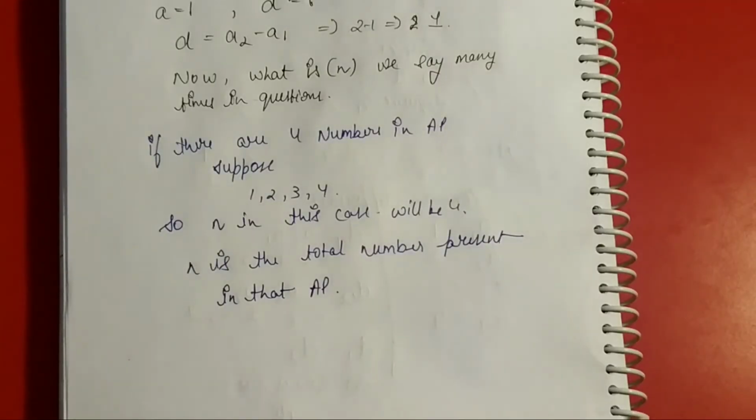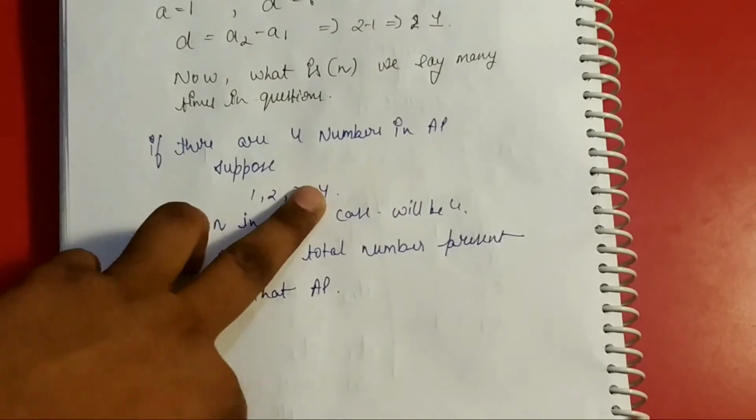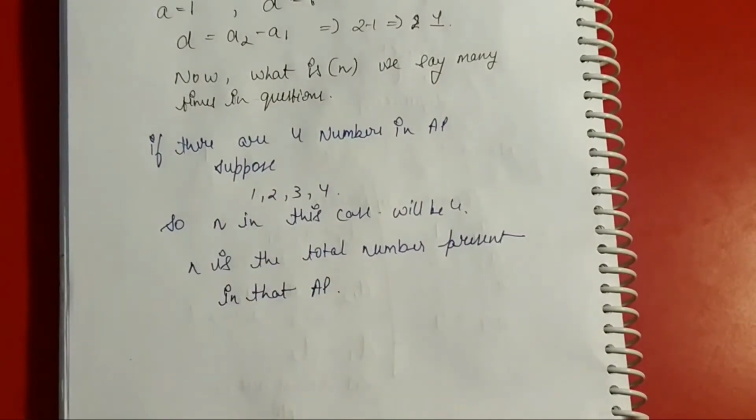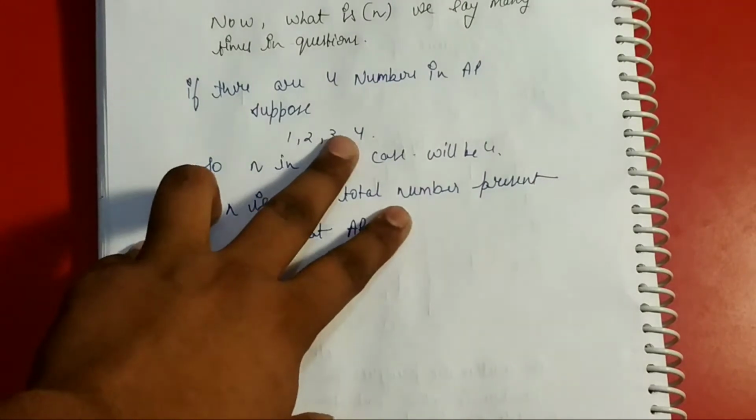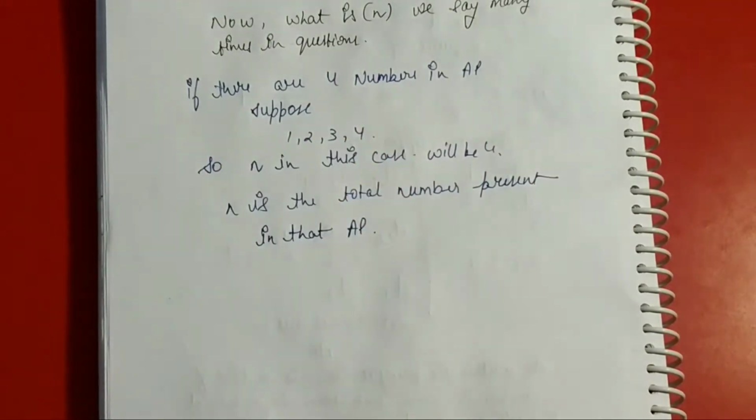We see in many questions in our NCERT book as well as in our board examination papers, the n terms of an AP is this or that. Suppose there are 4 terms in an AP, like 1, 2, 3 and 4. So n will be 4, meaning n is the total number of terms which exist in an AP. The total numbers present in a particular AP are known as n terms. So in this AP there are 4 n terms, with 1, 2, 3 and 4 being the 4 terms of this AP.